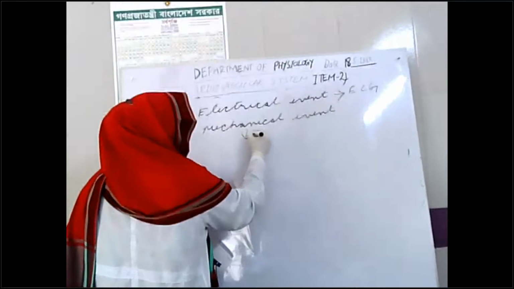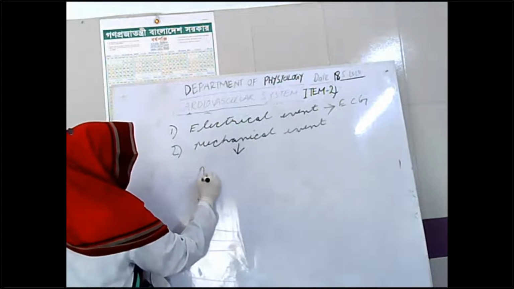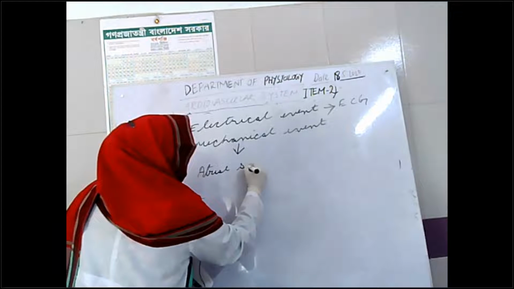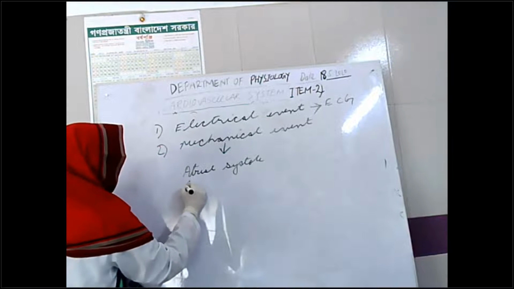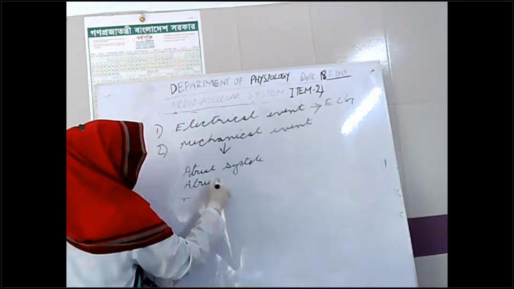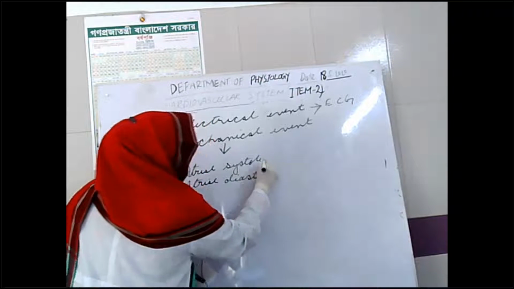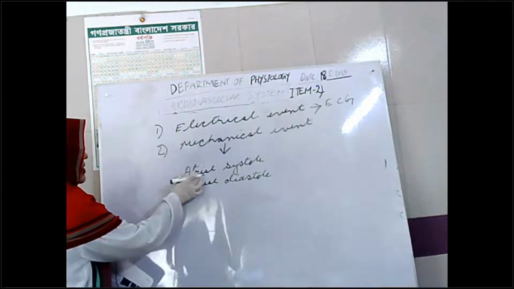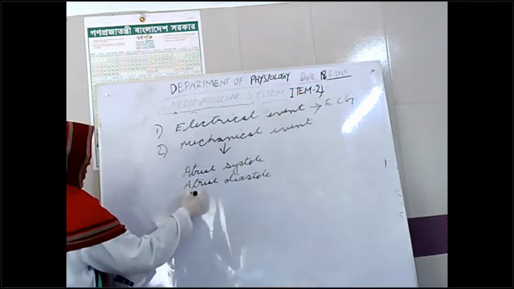Under the mechanical event, a lot of things are present. In the atria, two things are present: atrial systole and atrial diastole. Systole means contraction, diastole means relaxation. That is atrial contraction and atrial relaxation. This is the atrial event.